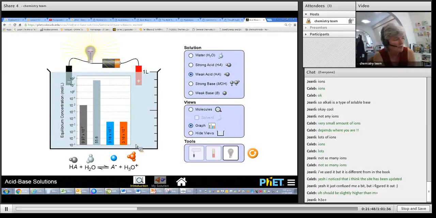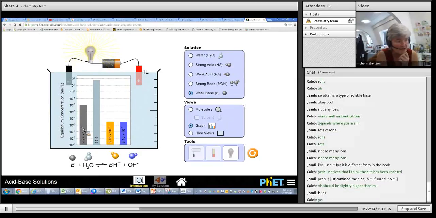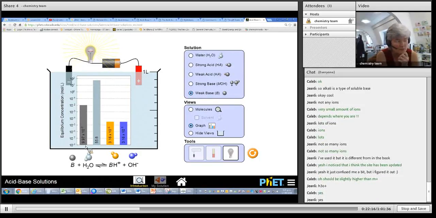My ammonia would react with water and forms ammonium NH4 plus and hydroxide. So I will have equal amounts of ammonium and hydroxide, but most of mine will still be as ammonia.